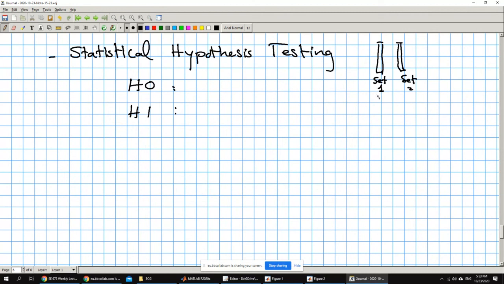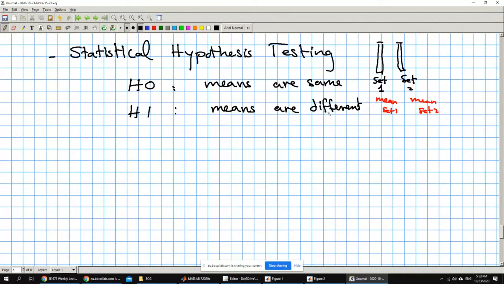To be specific so that you can understand what we're talking about, this is, for example, the mean for set 1. This is the mean for set 2. Okay. Statistical hypothesis testing tests two hypotheses. The first is whether the means are the same or the means are different.